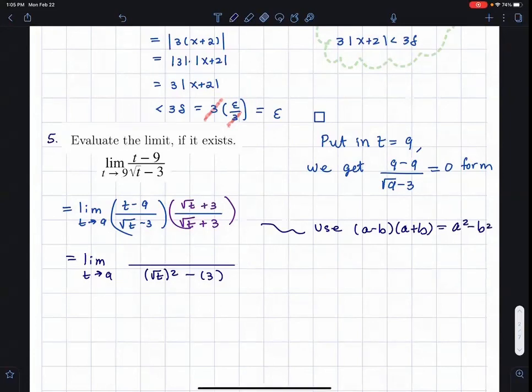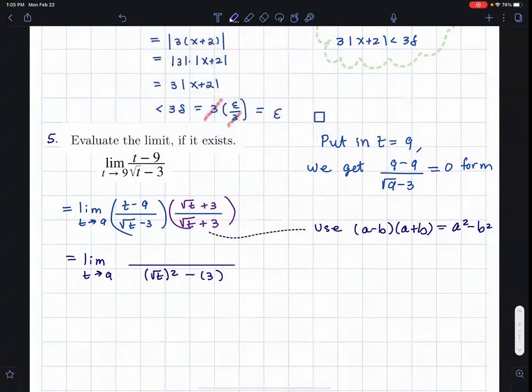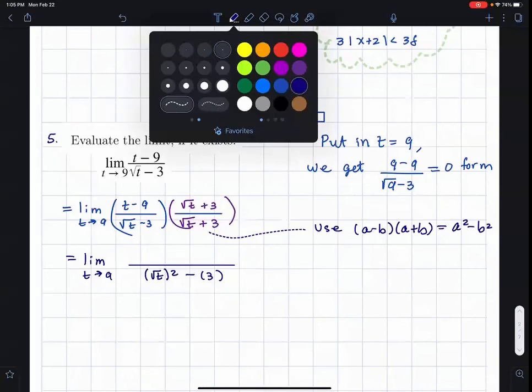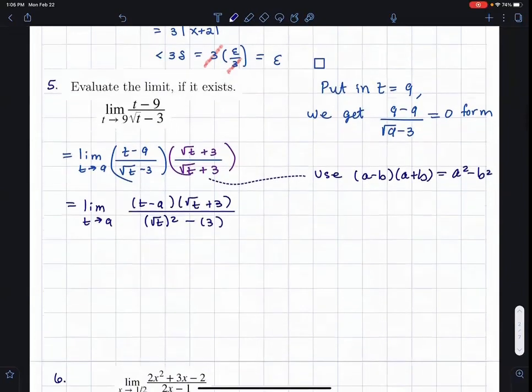That's the whole idea. Then the numerator I am not going to multiply through. It's already factored out, and I want to leave it like that. The next step will show that we don't want to multiply the numerator, because the denominator simplifies to t minus 9.